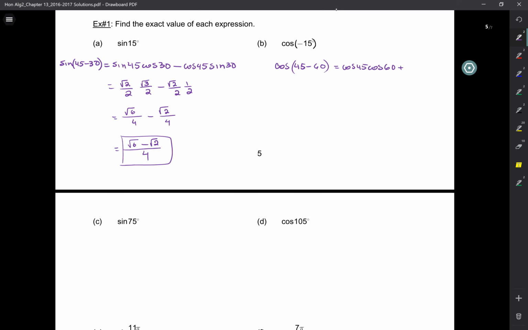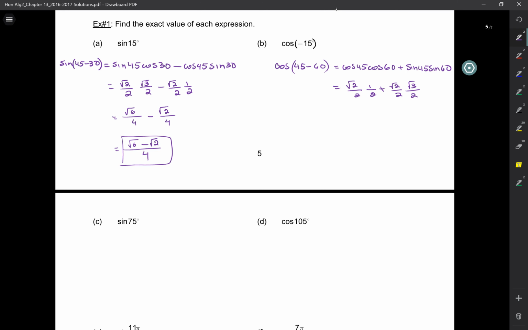So now this is going to be sine of 45, sine of 60. So cosine of 45 is root 2 over 2. Cosine 60 is 1/2. Plus sine of 45 is root 2 over 2. Sine of 60 is root 3 over 2. And we already know cosine 60 and sine 60, right?